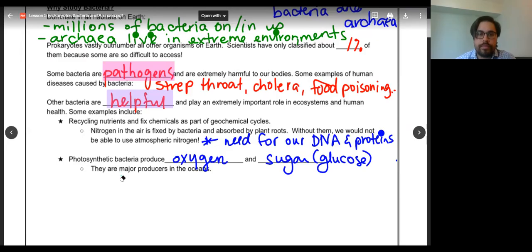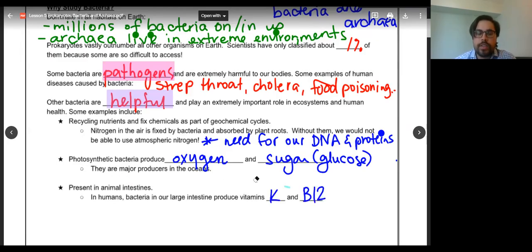Alrighty. And then to move on to a more relevant topic with regards to humans, we as a species need to have a very healthy gut flora of helpful bacteria, because these helpful bacteria allow us to produce and absorb vitamins K and B12, which are incredibly important for energy production within our cells.